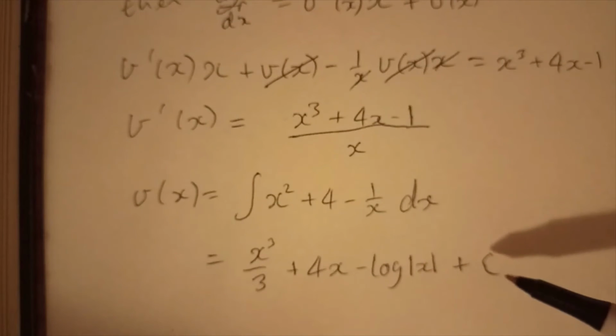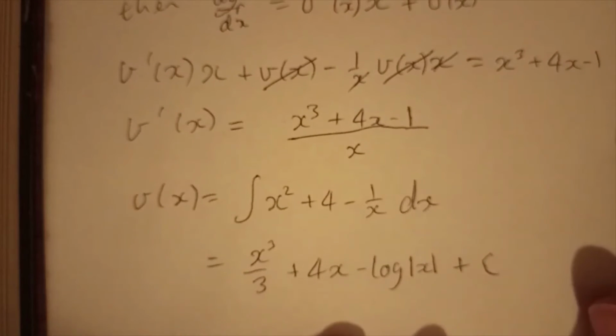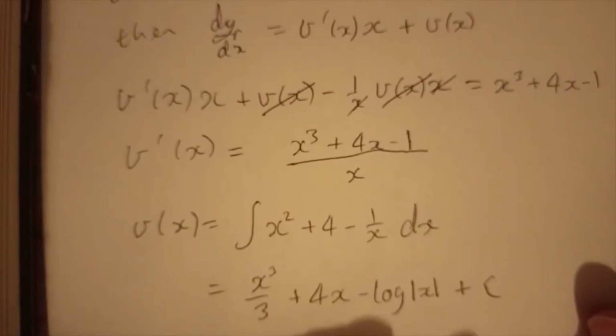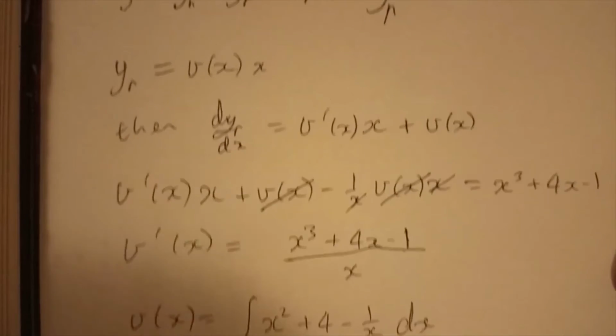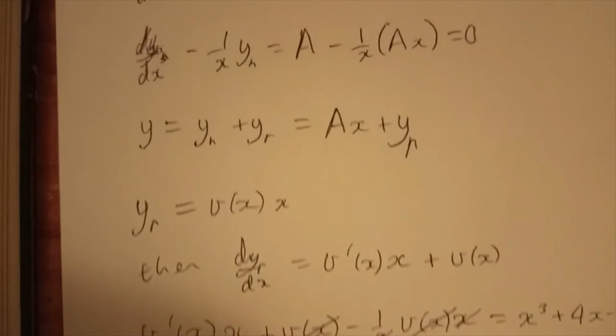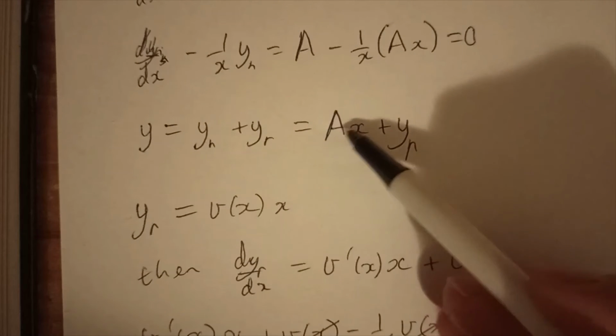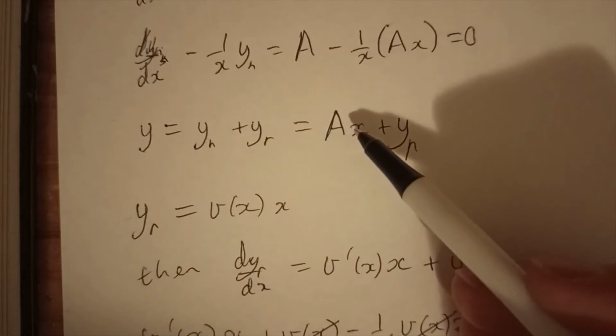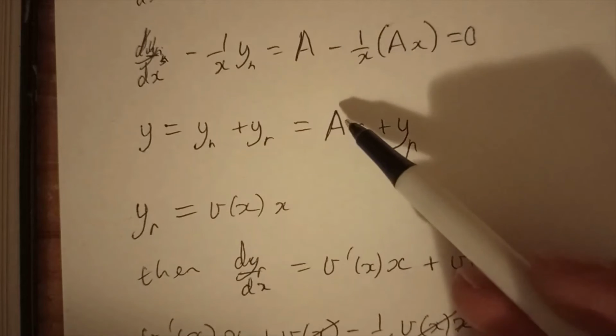We'll get some extra cx term, but we don't need that extra cx term because having a constant times x is just the same as the ax, which is in our solution already.